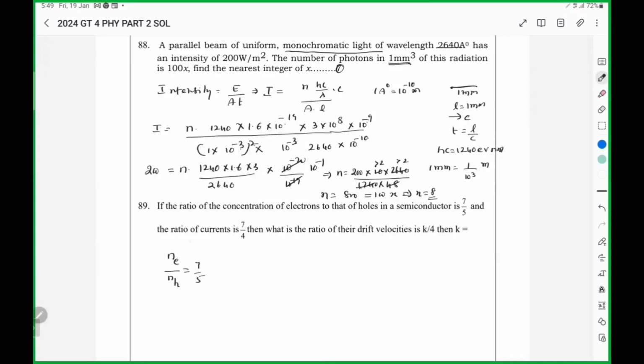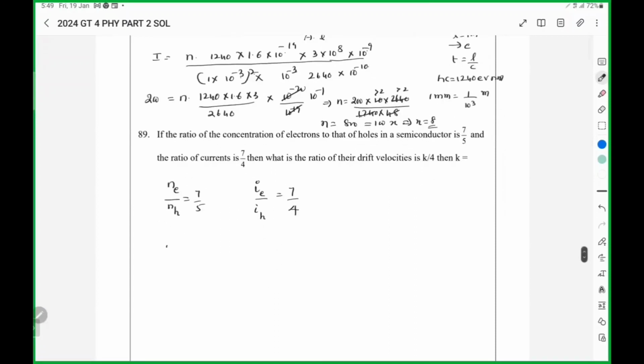Ratio of currents is 7/4. We know that drift current is, remember it as n e A v_d.